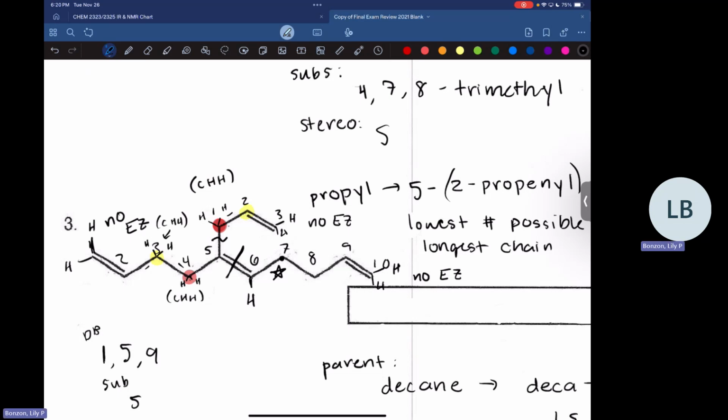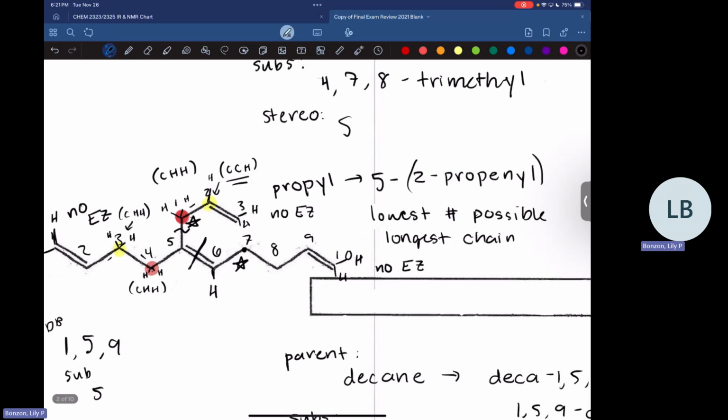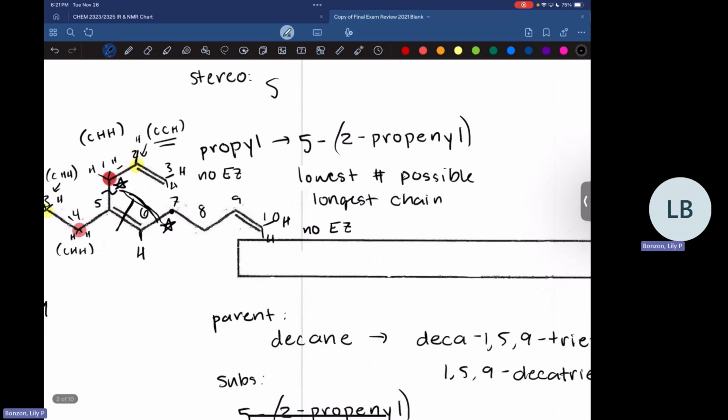Carbon 2 of the substituent chain up here, it's double bonded to a carbon, so we'll consider this as C, and then H. So because the substituent has this higher priority, we're going to give that one our star. And so you'll see that our stars end up on the same side of that double bond. They're both on this up position here. So this one is going to be Z.